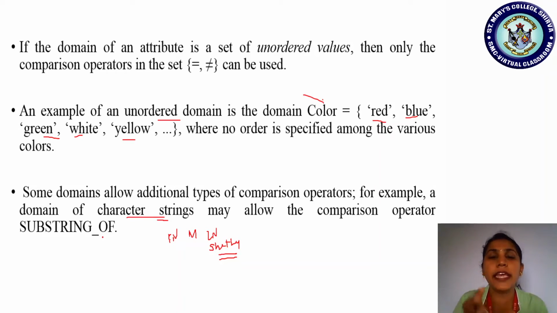For example, name, if it has first name, middle initial, last name, then the part of the value of a name, like the last name. So a domain of character string kind of data types may allow the comparison operator substring. Usage of substring of can be used with such requirements.